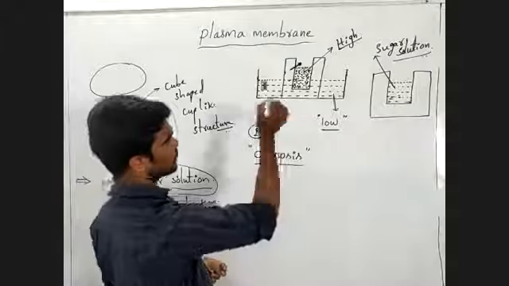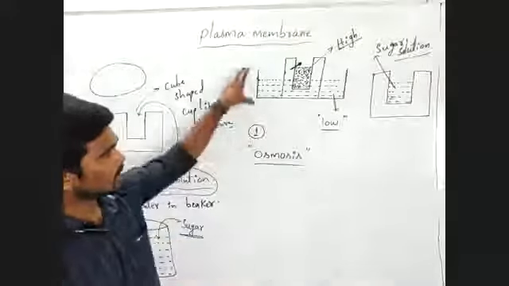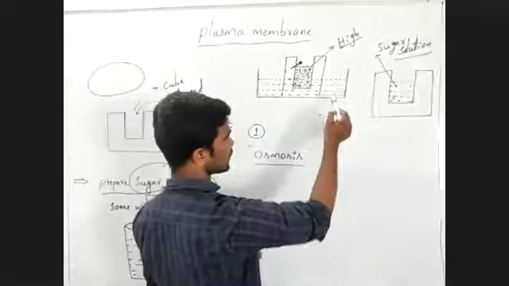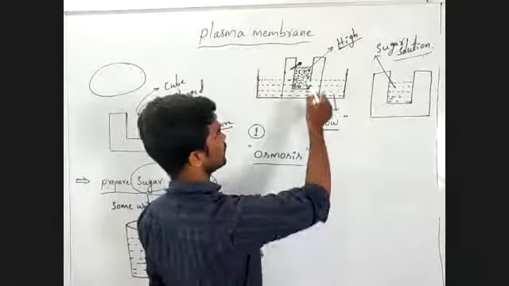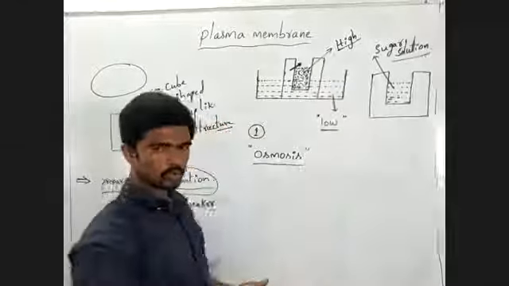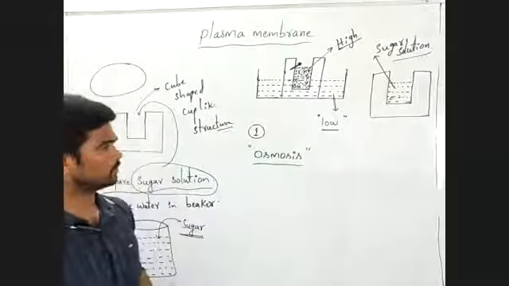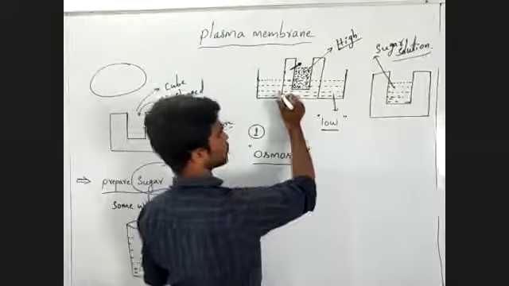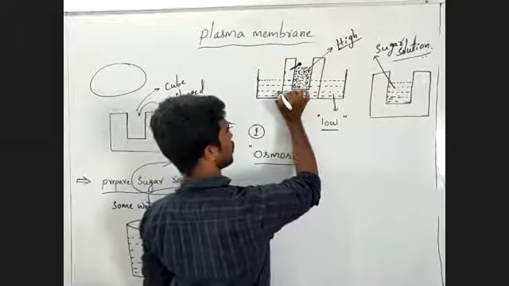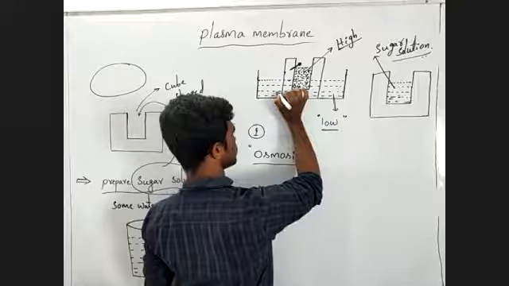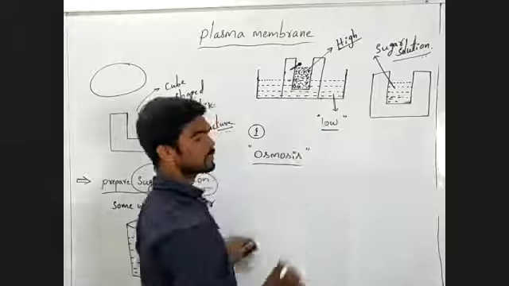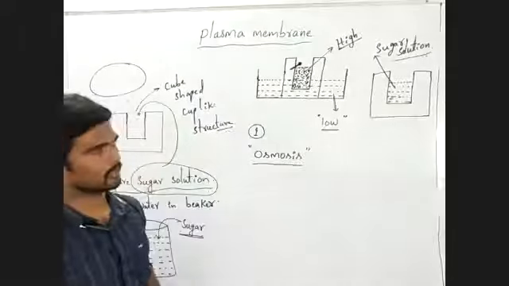Observe in this arrangement, water has a low concentration, sugar solution has high concentration. That is why water moves from the low concentrated solution into the high concentrated solution.